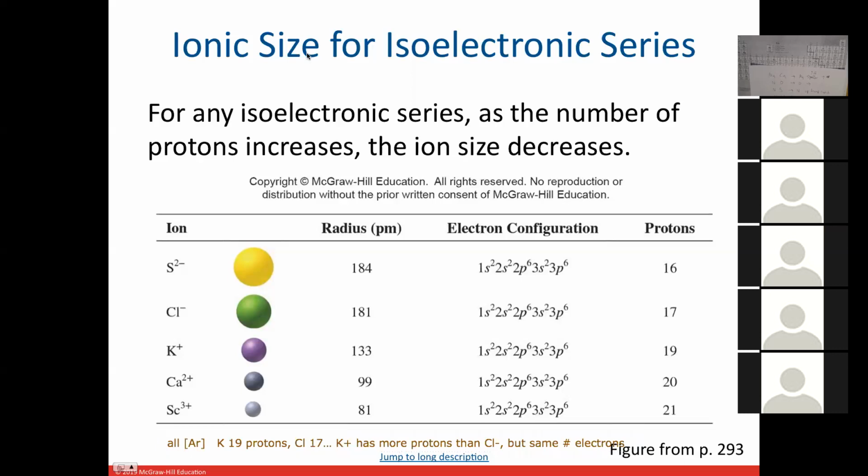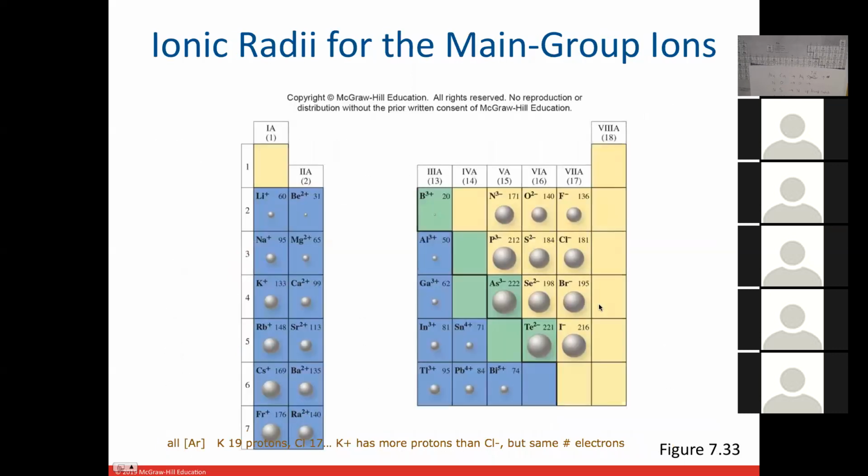Okay, let's go back to mouse. And so that's the idea. So this is showing these isoelectronic ions across a period. Let's just look at the third period, right? So phosphide ion is huge. Sulfide gets smaller, chloride gets smaller.